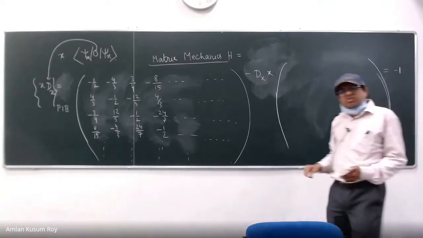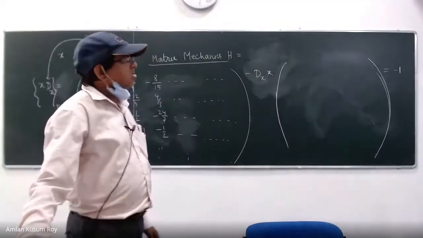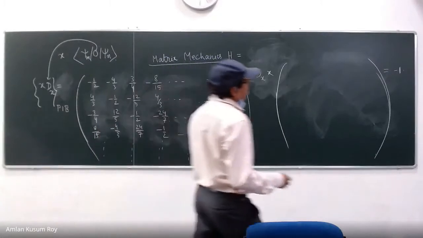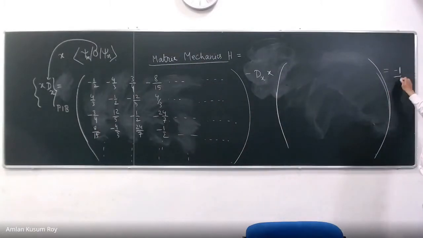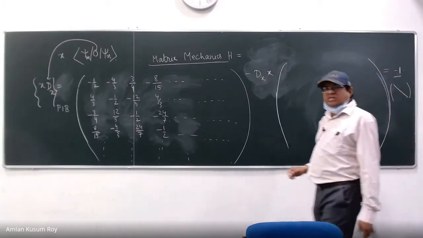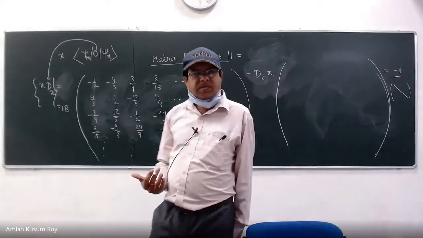Now what is -1? A matrix with all diagonals -1 and everything else 0. Very good, that's right. This is not just a number, this is a matrix, right? As you said, you have to make it such that only the diagonals become -1. The rest will be 0, right?